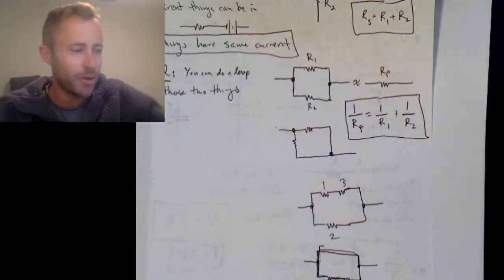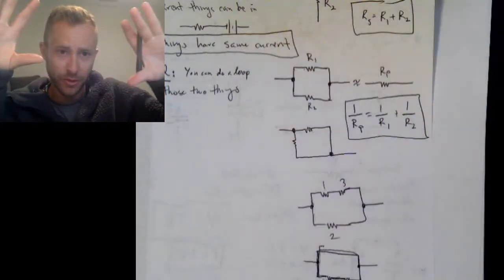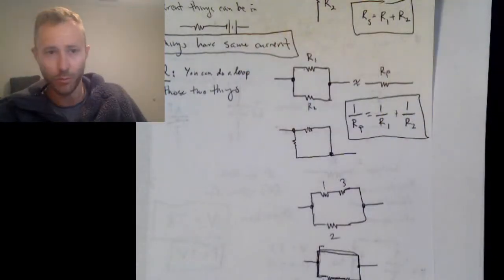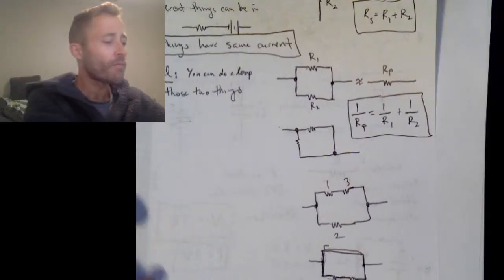So it's the same equation as for series, but you replace every resistor with 1 over R.